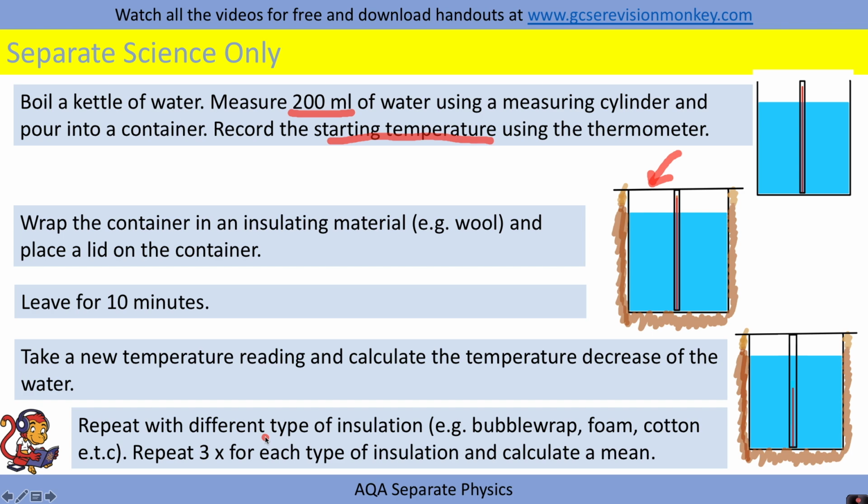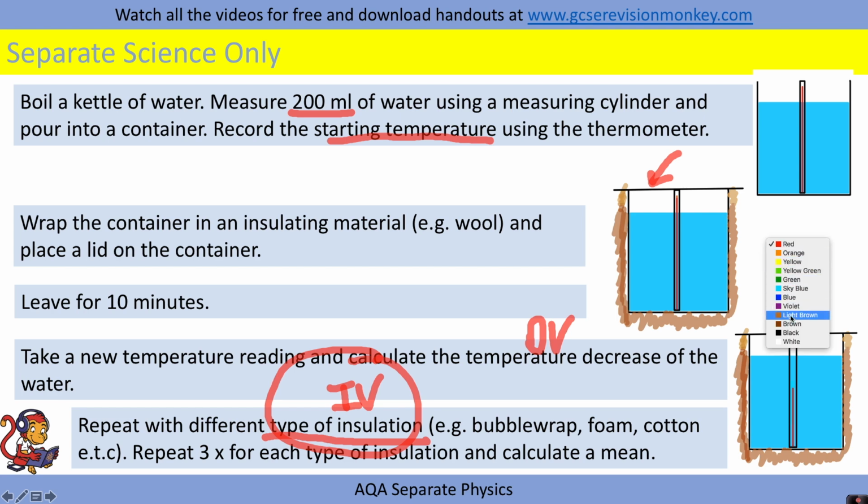Now for this experiment, our independent variable was our type of insulation and our dependent variable was our temperature decrease or our temperature change. Now in the exam they might ask you to investigate a different independent variable. For example, rather than the type of insulation, they could get you to stick with one type, for example our wool here, but perhaps investigate the thickness of the insulation and how that affects the temperature change.